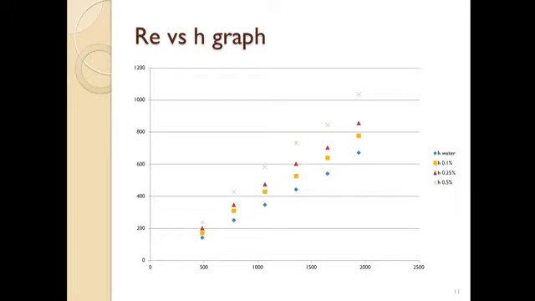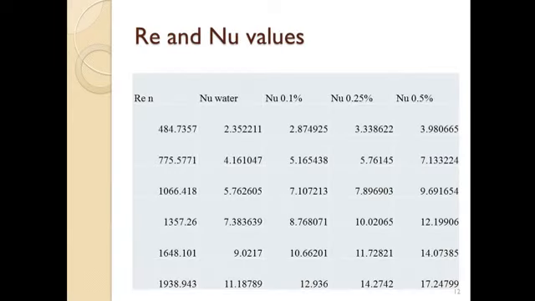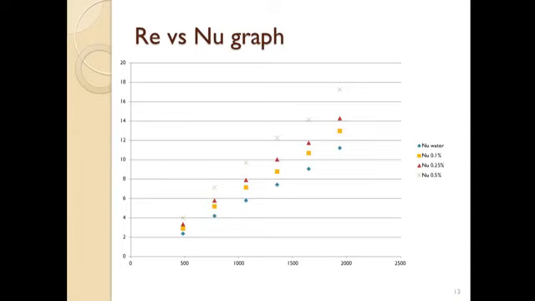Here we can clearly see that the heat transfer coefficient for the 0.5 concentration fluid is very high compared to the other fluids. And this is the Reynolds number versus Nusselt number. Here also we can see the values for the 4 fluids, and the graph clearly shows that the Nusselt number increases, by which we can say that the heat transfer property increases.